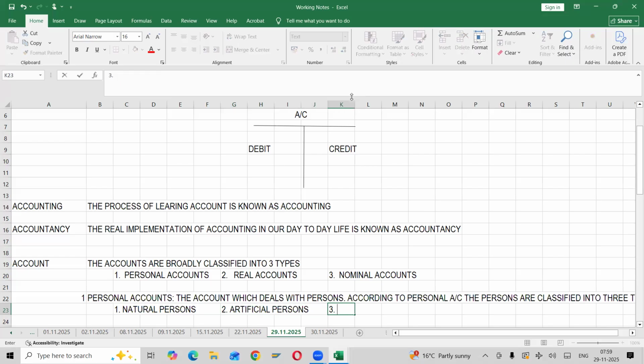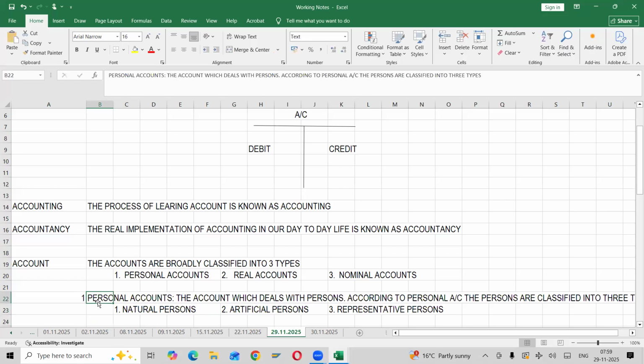Next, representative persons. As per personal account, the persons are classified into three different types: natural persons, artificial persons, and representative persons.